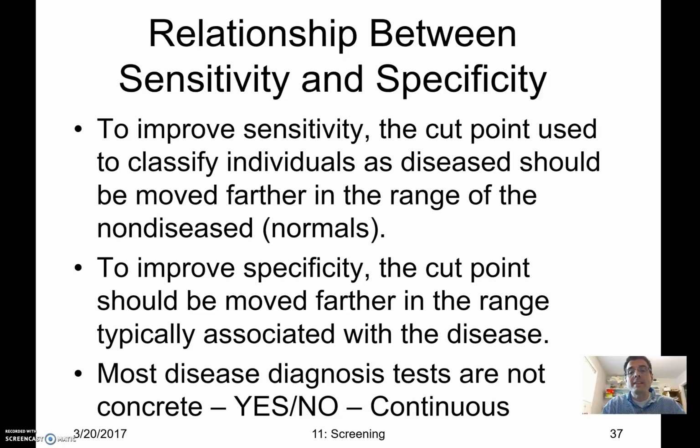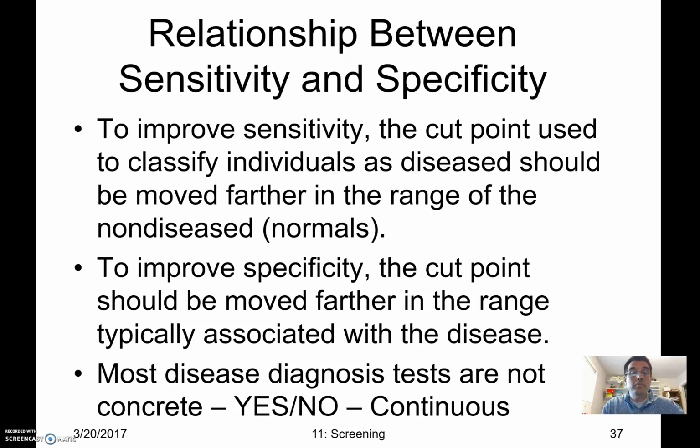In order to do that, the cut point used to classify individuals as disease should be moved farther into the range of the non-disease. So what you're doing is that you will identify with a highly sensitive test, you will be able to identify all those that truly have the disease, and you're going to include some false positives.